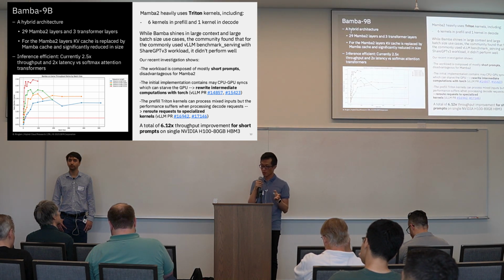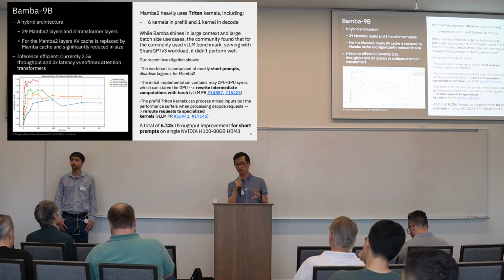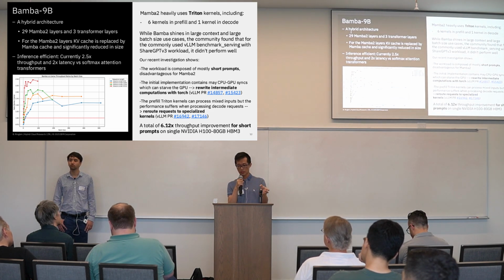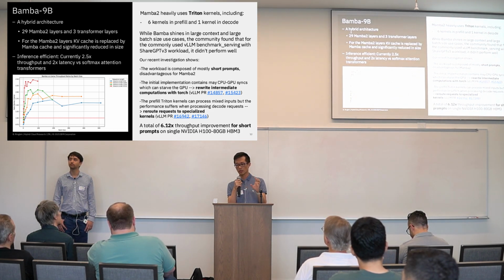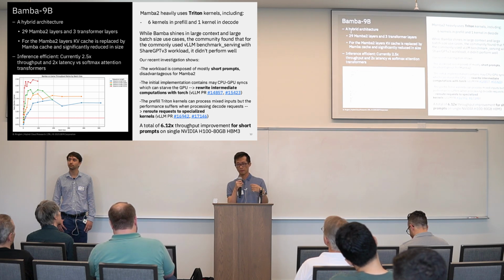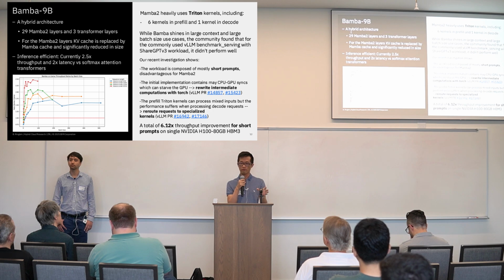The other problem that we noticed is that in the current implementation, the Mamba kernel in prefill can deal with a mixed input batch, meaning the batch contains both prefill requests and decode requests.